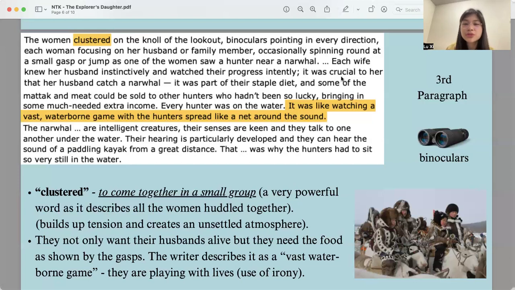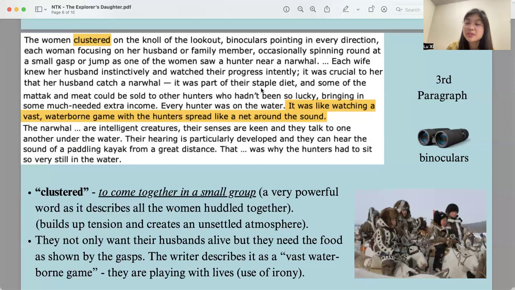It was crucial to her that her husband catch a narwhal. Why? Because if her husband can catch a narwhal, it is a part of their staple diet. So they have something to eat tonight. And that's why the women were very nervous.